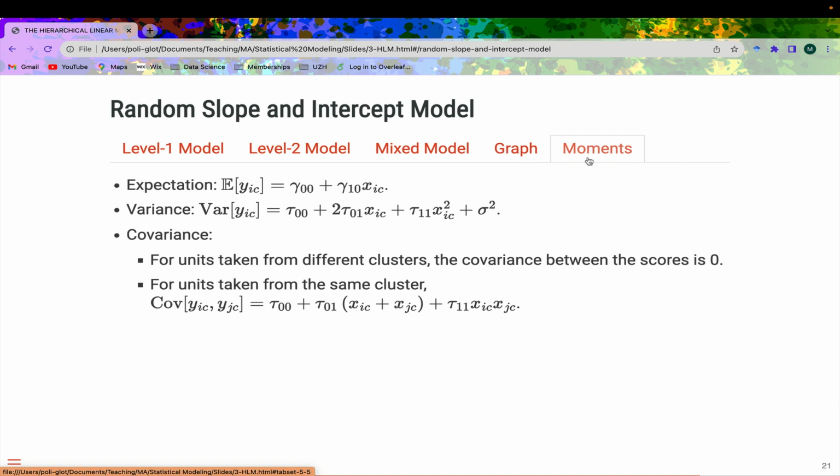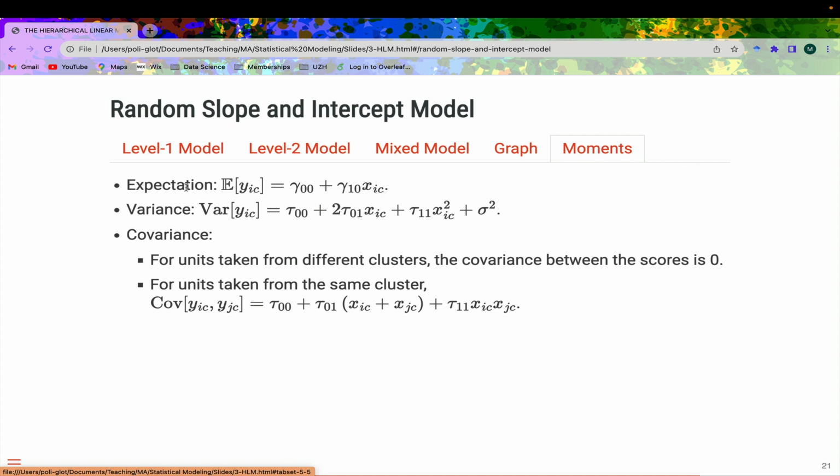We just take the expectation over Y_ic, carry that through the mixed model equation, and what you're left with is gamma 0,0 plus gamma 0,1 times X_ic. So this gives us the prediction of the average individual i in the average country c given some value x of political efficacy.